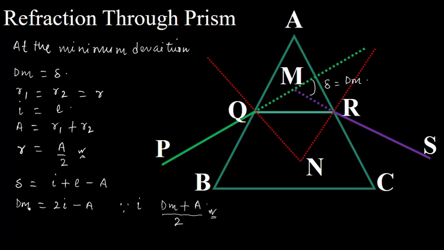A moves to the right hand side, then we get dm plus A, and when we divide by 2 then we get I. So I equal to (dm plus A) by 2.